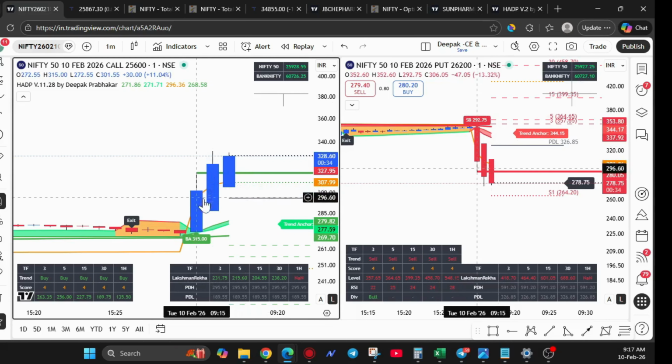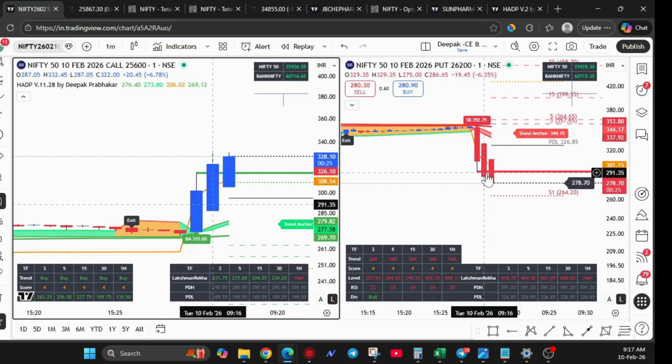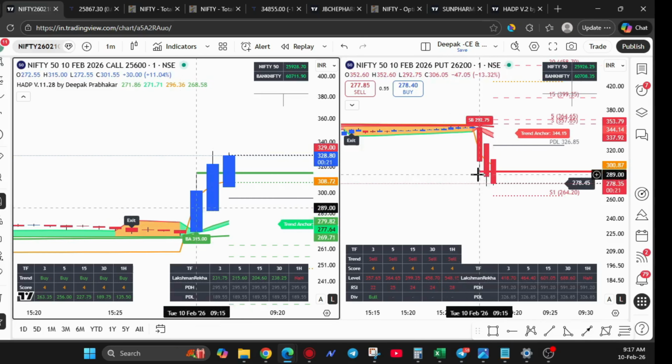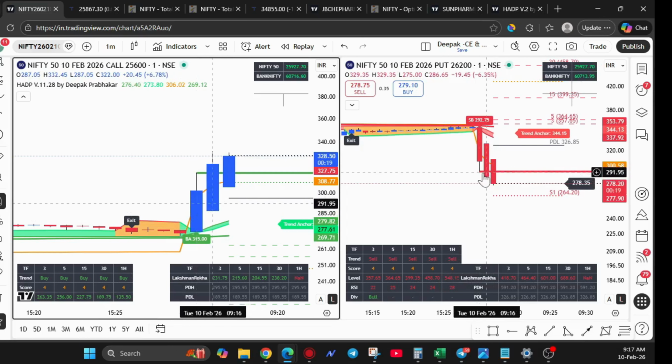Now, as I told you, the key is that we wait for the sell side to take a buy above, right? You have to wait for this candle to break the low on the other side. The reason I told you already is that we are making sure that by sell below on the put side breaking, right?